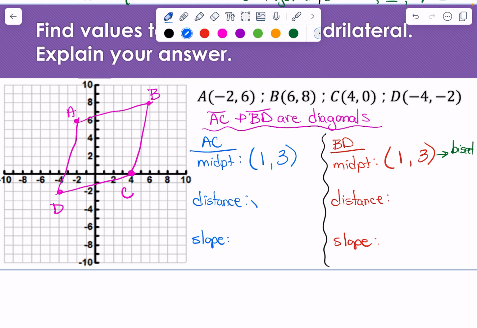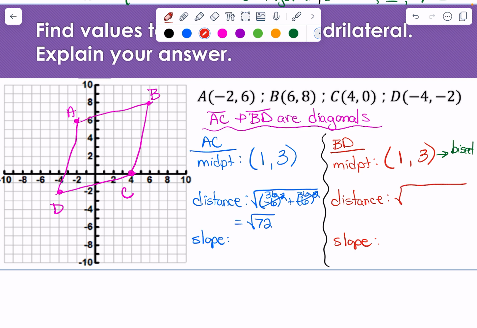Distance. So again, A to C. We're going to go -2 minus 4. That is -6 squared. 6 minus 0, that is 6 squared. So that's going to give me the square root of 72 because you got 36 and 36. On the second side over here, we have the square root of BD.